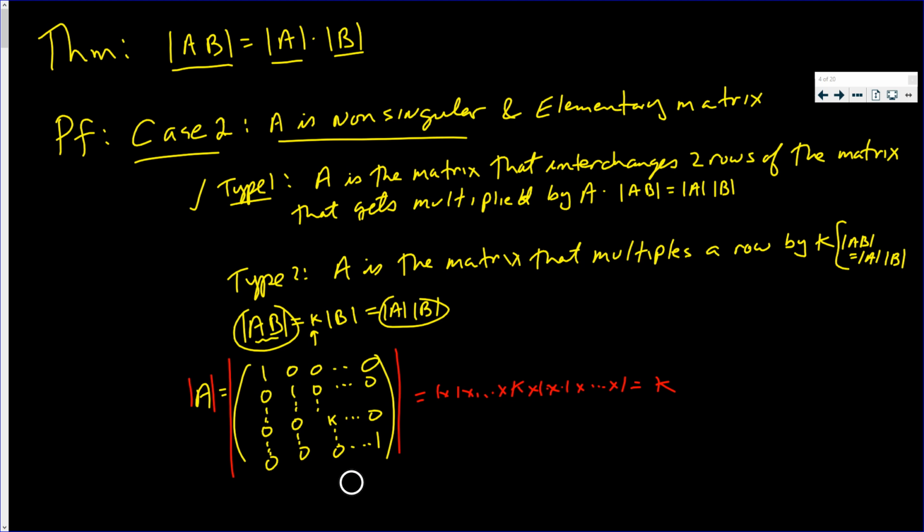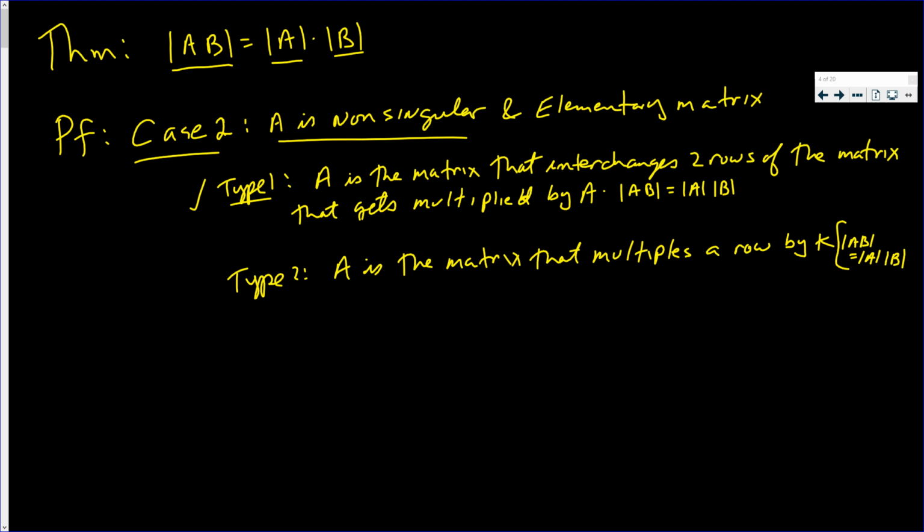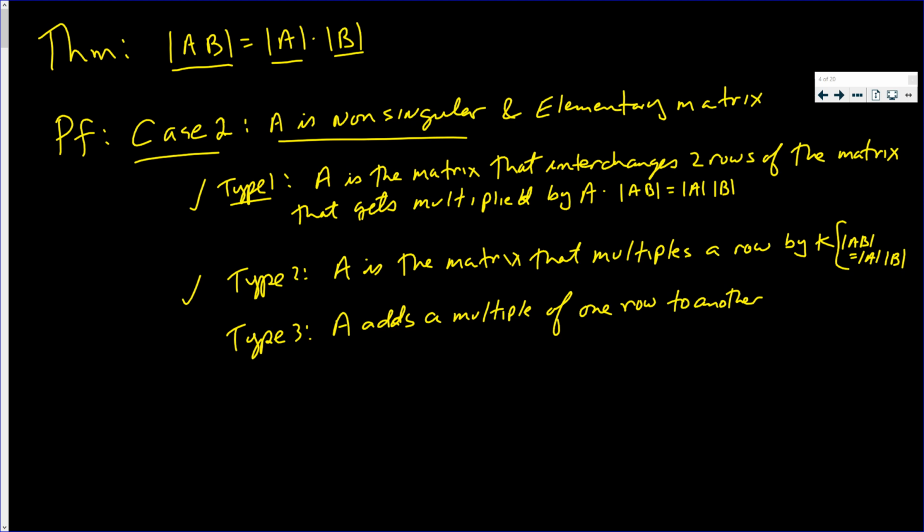Okay. So type 2 worked. Now we go on to type 3. Type 3. A adds a multiple of one row to another row.